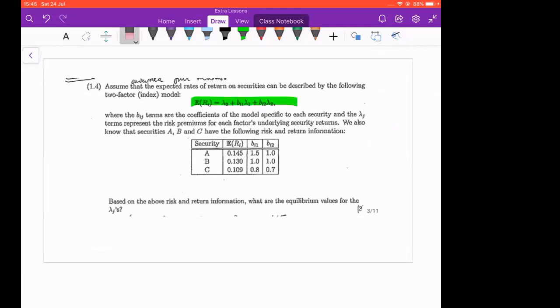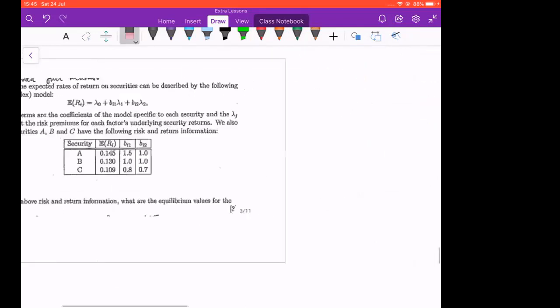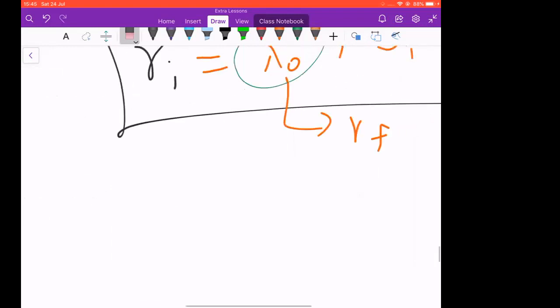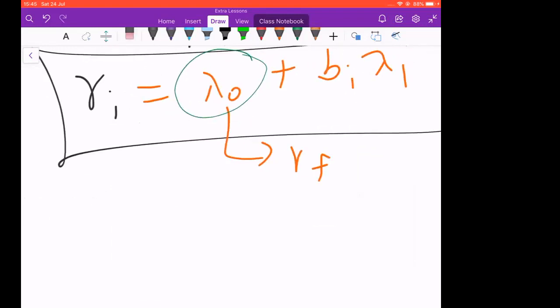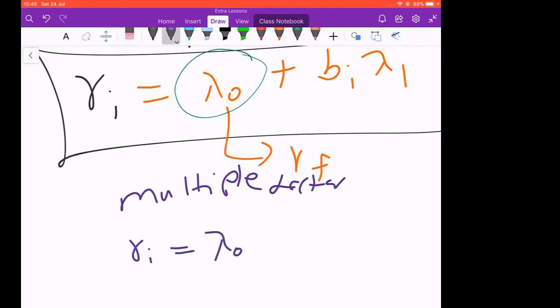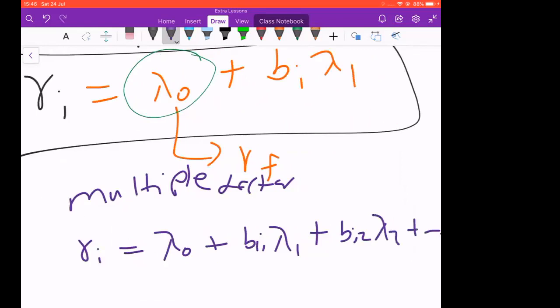I forgot to mention something as well: when you have more factors, if you have multiple factors, the return of I is still gonna have lambda 0 plus beta I1 times lambda 1 plus beta I2 times lambda 2 plus those remaining terms.